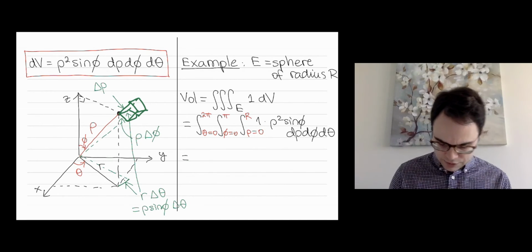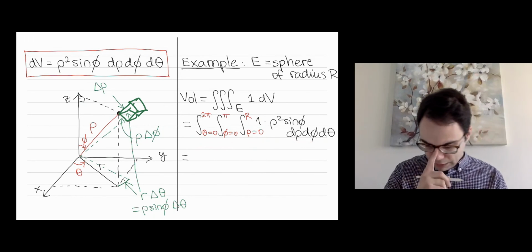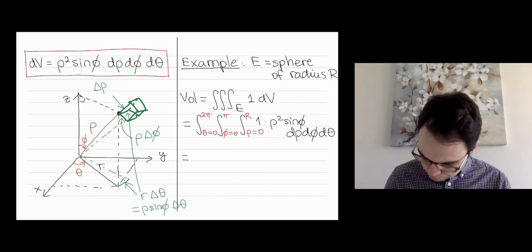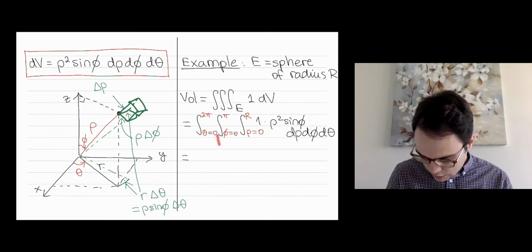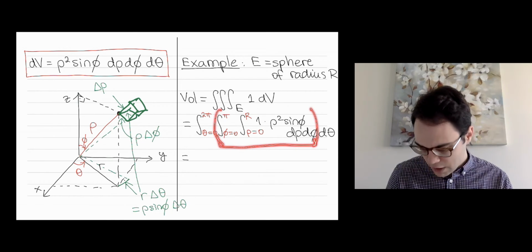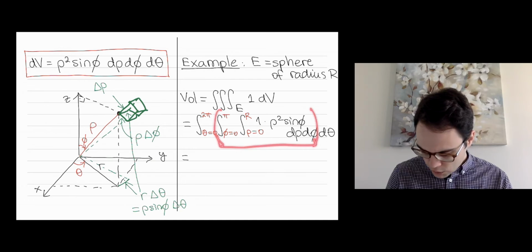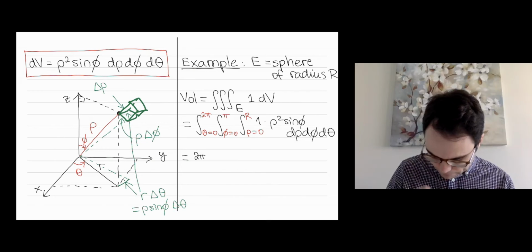So now let's evaluate this integral. We set up the iterated integral. Now it's just a matter of evaluating and checking that we get the correct number. Whatever happens in the inner two integrals, the answer for that won't depend on theta. So I can just replace the outermost integral by a factor of 2 pi.